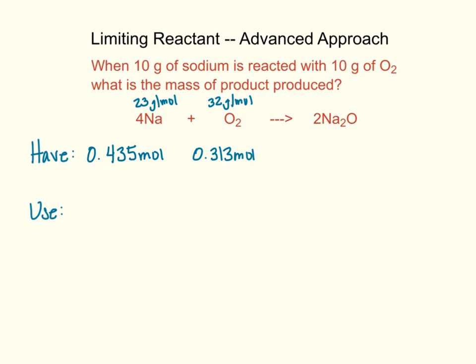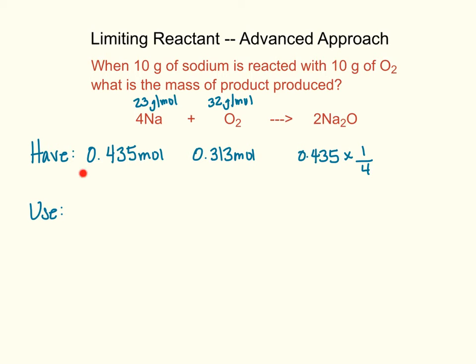Now to figure out what I use, I'm going to look at my Na, and if I have 0.435 moles, I need to multiply that by 1 divided by 4, because my mole ratio is 1/4, to set up my conversion factor.